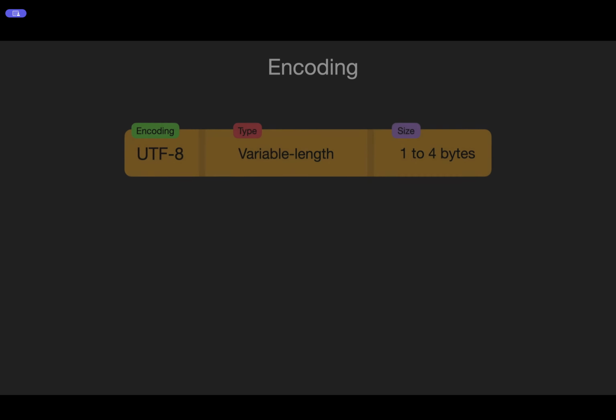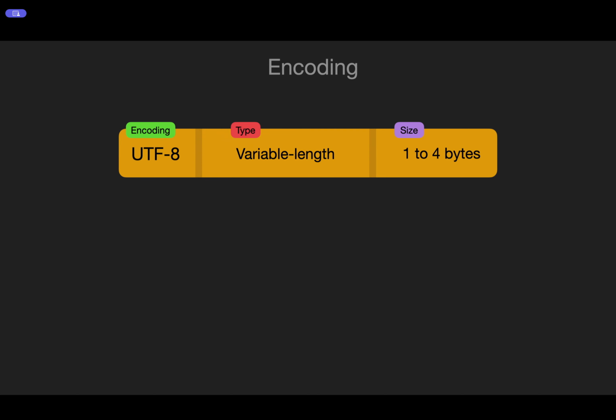UTF-8 is the variable length encoding, meaning that it can store a Unicode character in 1, 2, 3, or 4 bytes, so the size will vary. Characters in the ASCII range are represented by a single byte. Characters outside the ASCII range are represented using the sequence of bytes, where each byte starts with a prefix indicating the number of bytes used to encode the character.